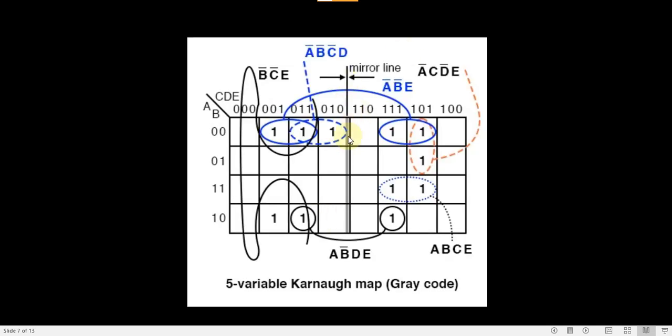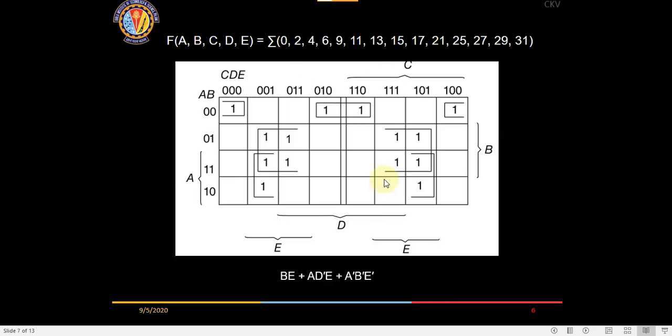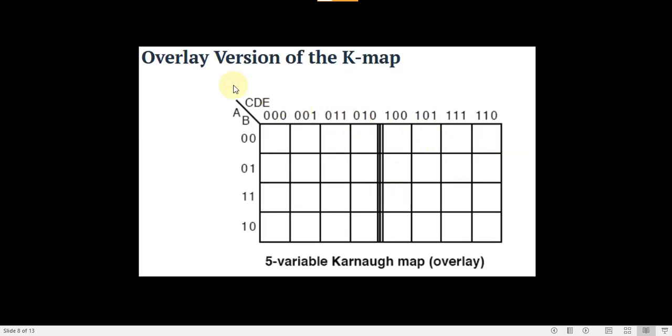Okay, so this is what Ruben had suggested. We can do that. There is one more which is known as the overlay version. In this, if you see, this is one table and this is another table. You have to imagine you are going to place this table on top of this table. There is a specific order in which we write here: 0, 0, 0, 1, 1, 1 and 1, 0.